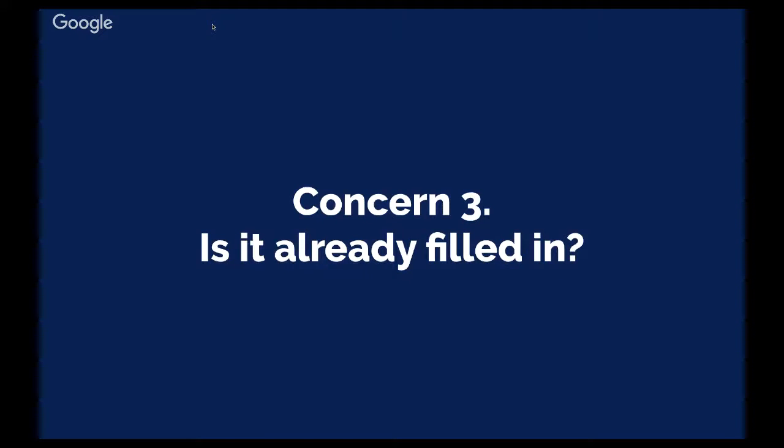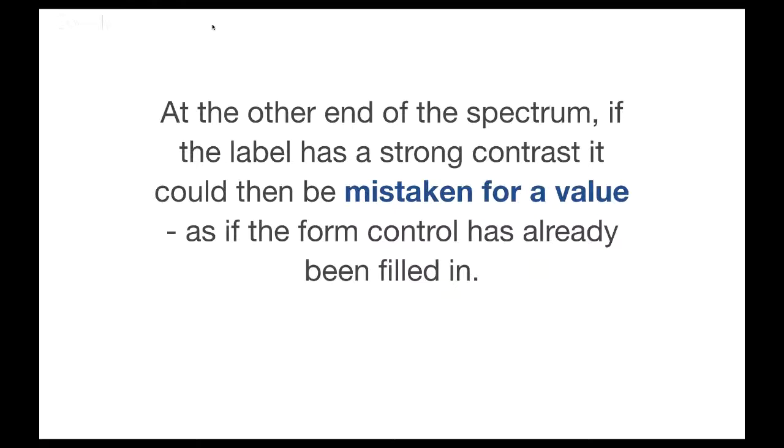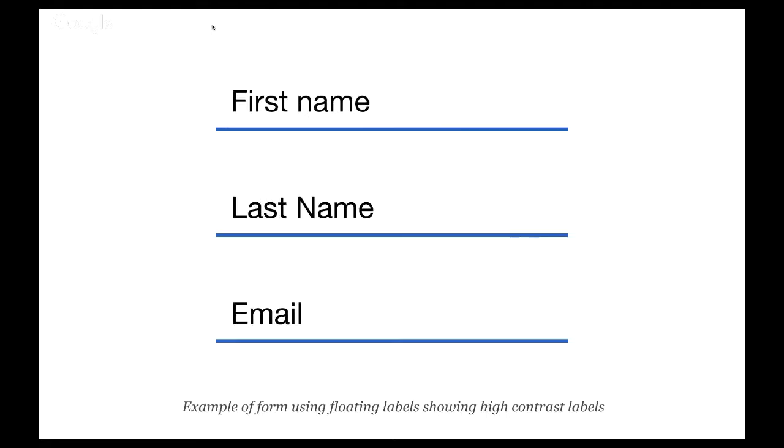The third concern is almost the exact opposite, and that's this concern of, is it already filled in? Or is it even a form? So at the other end of the spectrum, if you make the label have too strong a contrast, some people could make the mistake of thinking there's a value and not a label at all. And so in this diagram, we have the same form, first name, last name, and email. But in this case, the labels are all very, very strong. In fact, they're black.